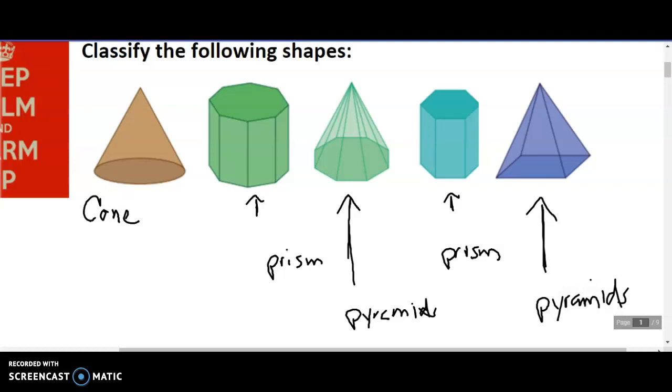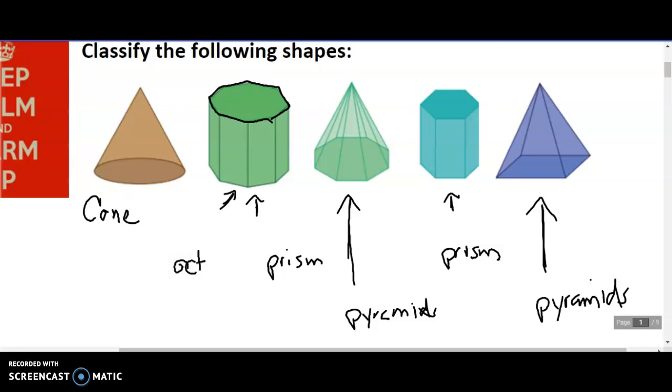So first you figure out prism or pyramid, and then you have to identify the base, and whatever shape the base is, that's the type of shape. So this is the base of this prism. Now remember, prisms have 2 bases. If I looked at the bottom under here, it would have the same shape as that, and both of them are octagons.